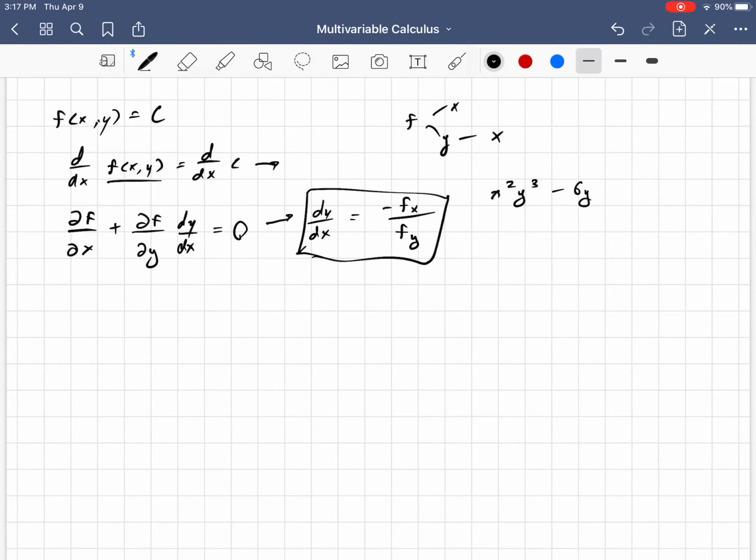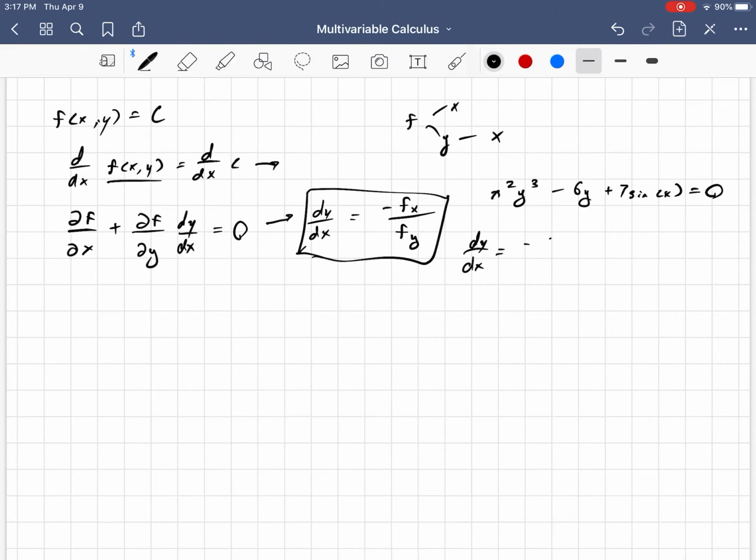If I have x squared y cubed minus, say, 6y plus 7 sine x equals 0, and it does have to be set equal to 0 on the right side, but you can always do that, just move everything over to one side.